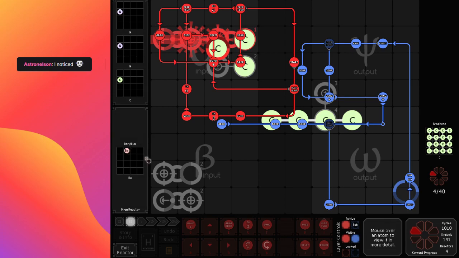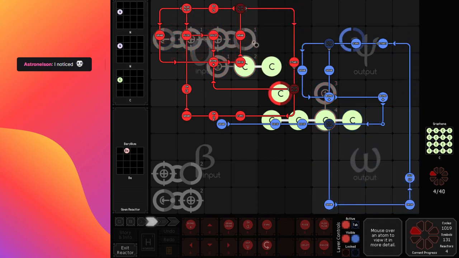So what it's doing is 4 plus 7 plus 7, yeah. So that gets you 18, which is exactly 3 carbons.